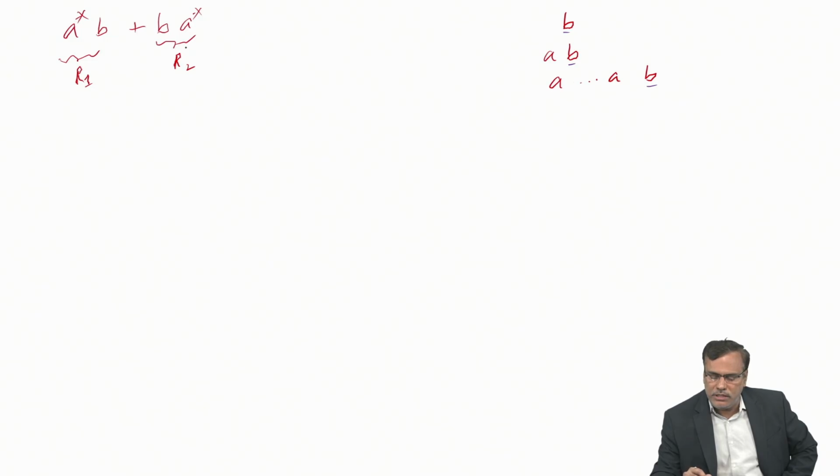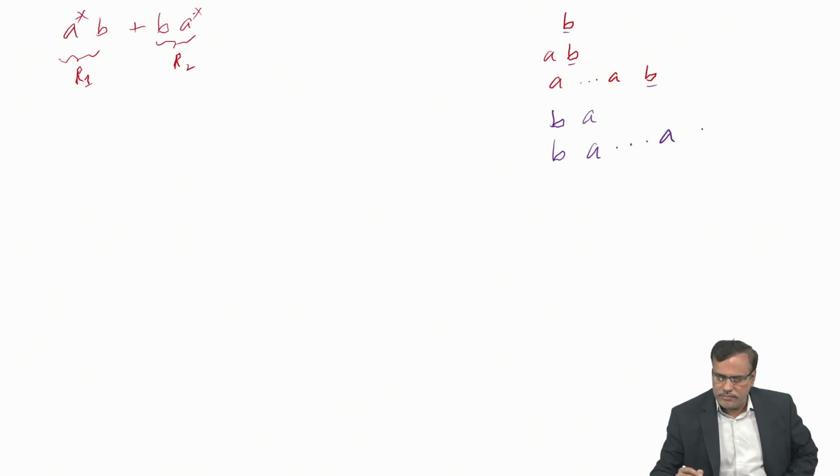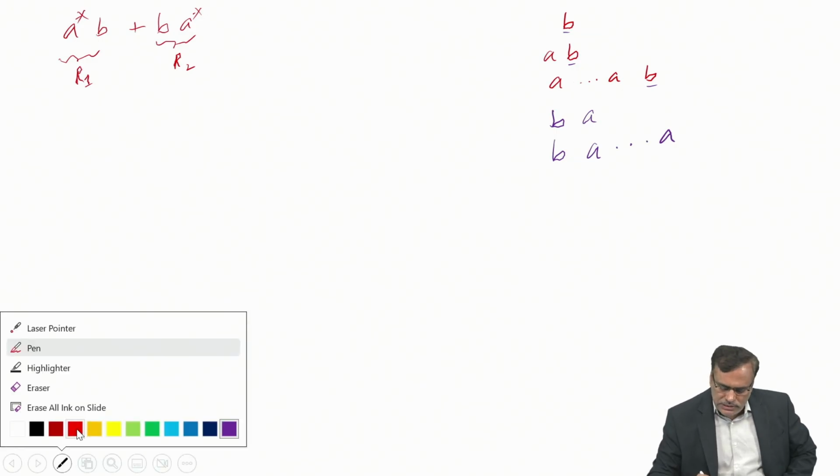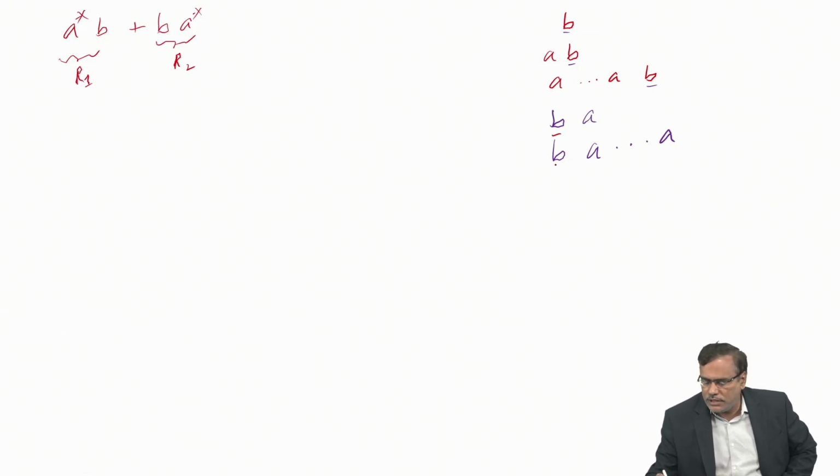Other possible things are B followed by one or more A's, that is B followed by one A, or B followed by any number of A's. In this case, this B is mandatory. These are some possible strings of this expression.